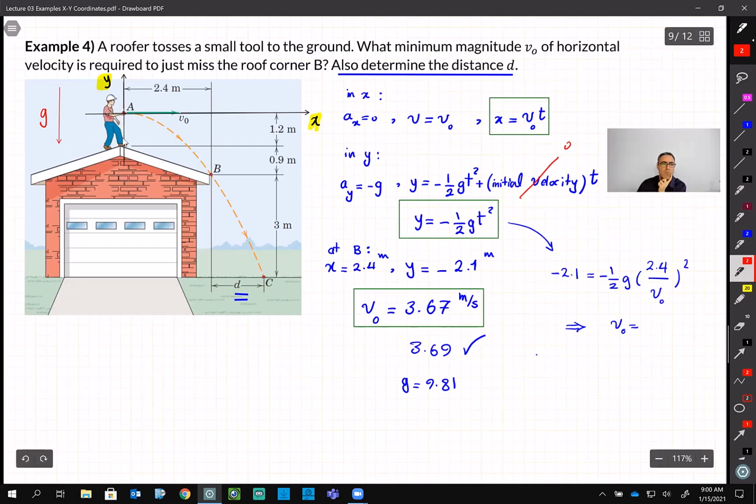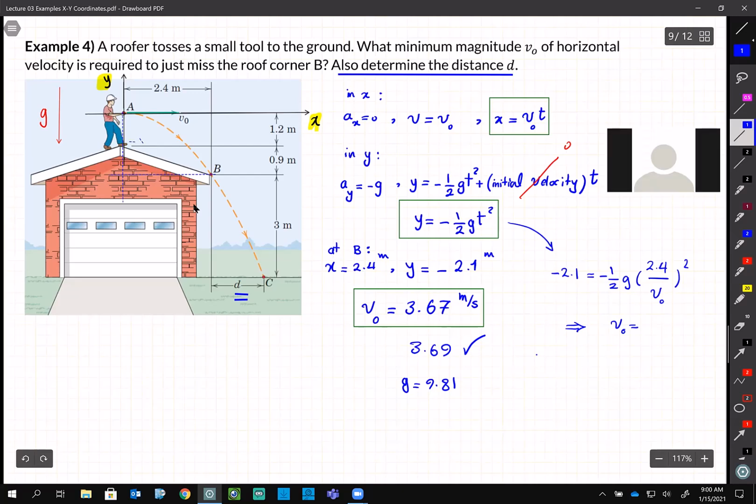The reason is this y direction that we picked. You see this y here, right? I pick it upward. That's why when I'm replacing the position for point B, which is this position, you tell me, what is this distance? This is negative, right?